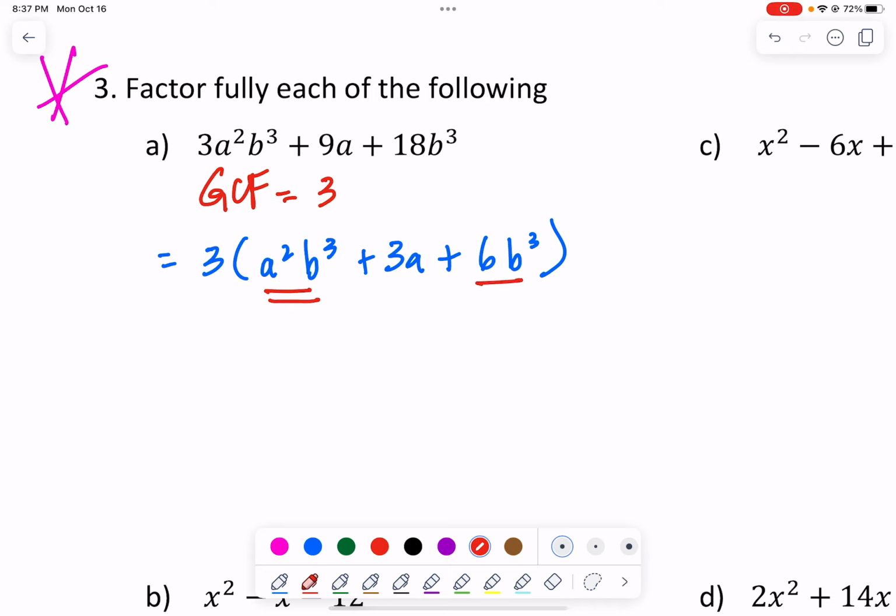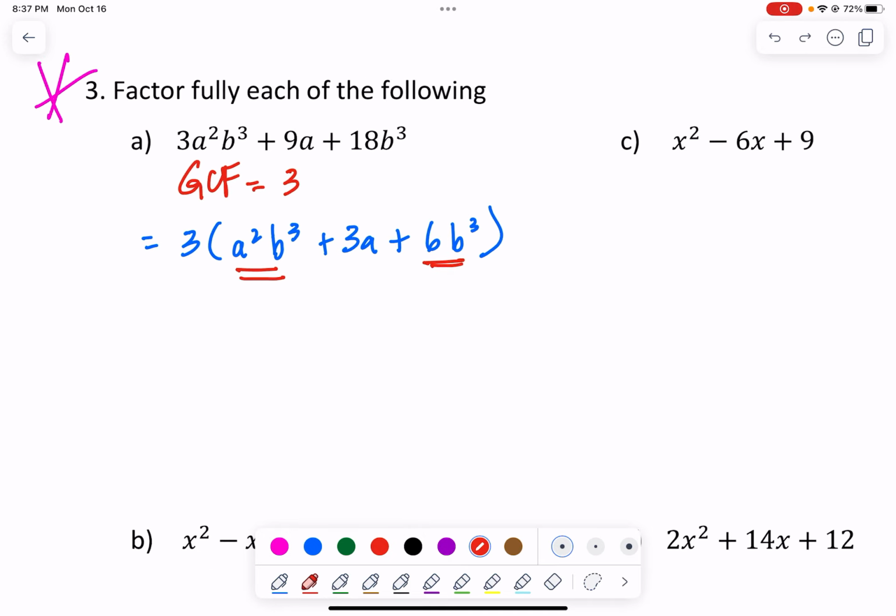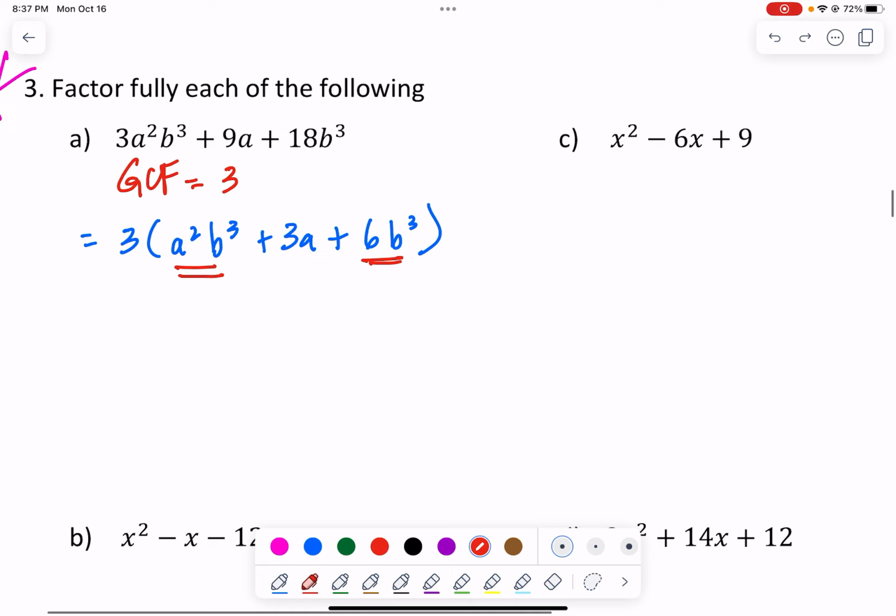Maybe we could factor something out of just those. And what would we have left behind? We'd have an a squared plus 6. Yeah, no, and that's it. That's as much as we can factor. So sometimes it's going to be ugly.